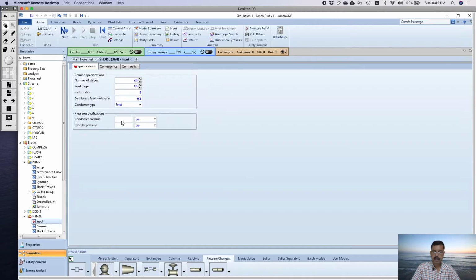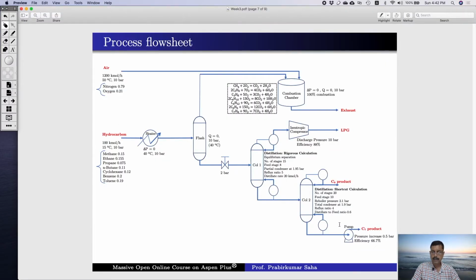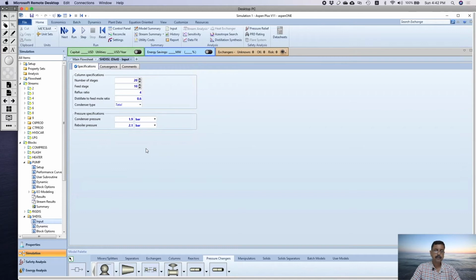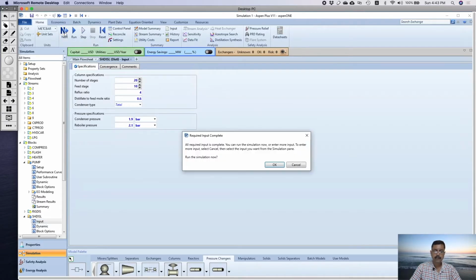The condenser pressure is 1.9 bar, reboiler pressure is 2.1 bar. This is a very well known fact that the reboiler will always be at higher pressure than the condenser. So our specifications are done, and it is ready to run the simulation.